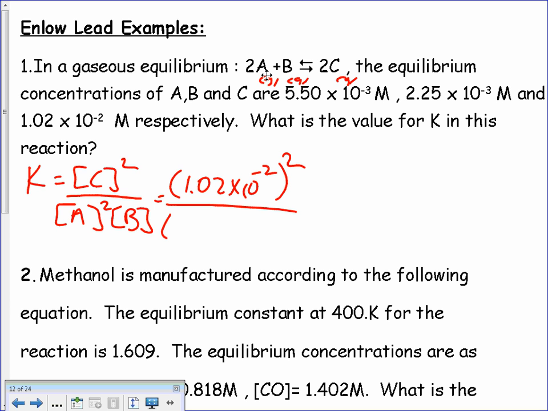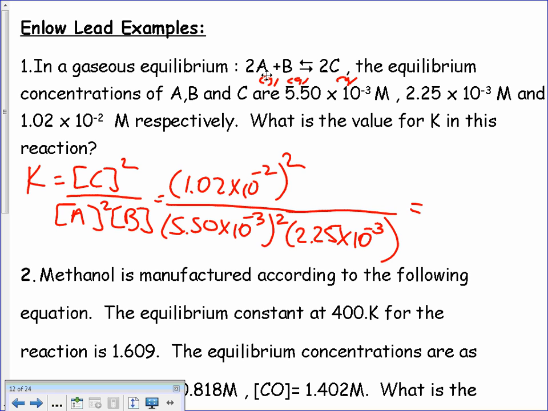You have to make sure you're really watching your parentheses on these. Did everybody get this setup correct? The K expression: C squared over A squared times B. And then plugging in, it says respectively, so make sure you're plugging them in correctly.